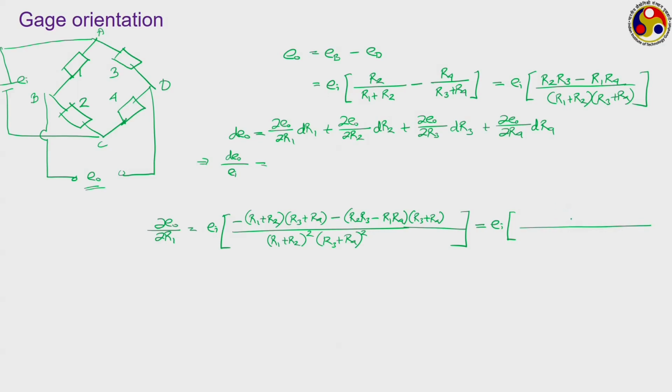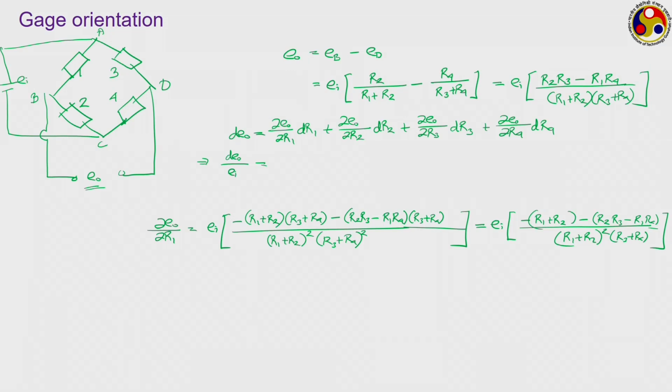So, what we are left with is minus R1 plus R2 minus R2 R3 plus R1 R4. So, R2 R3 R1 R4 divided by R1 plus R2 whole square by R3 plus R4.